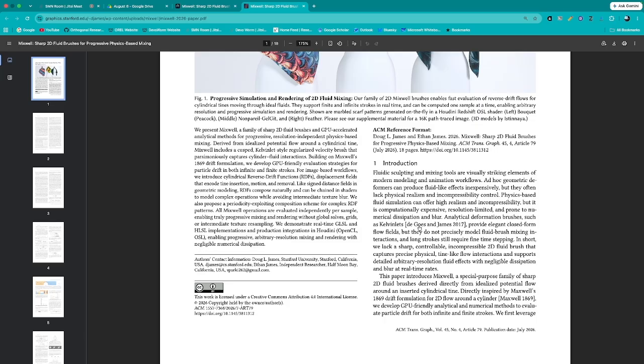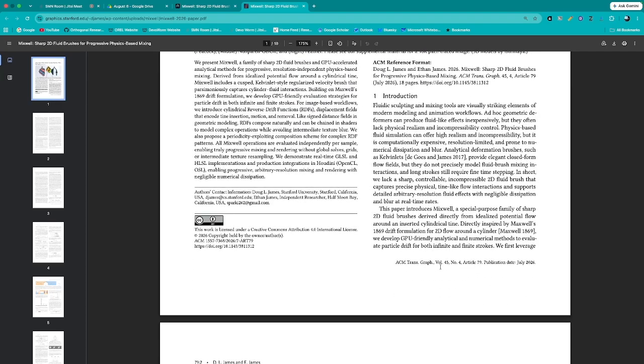deformation brushes, where it's a class of analytical deformation brush. They provide elegant closed-form flow fields, but do not precisely model fluid brush mixing interactions, and long strokes still require fine time stepping. In short, we lack a sharp, controllable, incompressible two-dimensional fluid brush that captures precise physical, tine-like flow interactions and supports detailed arbitrary resolution fluid effects with negligible dissipation and blur at real-time rates.